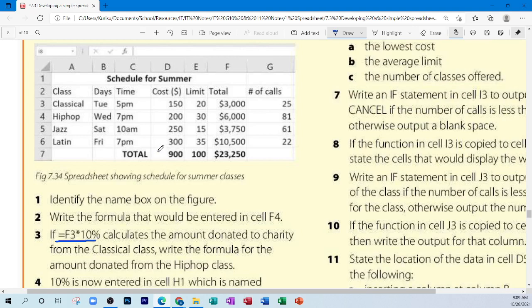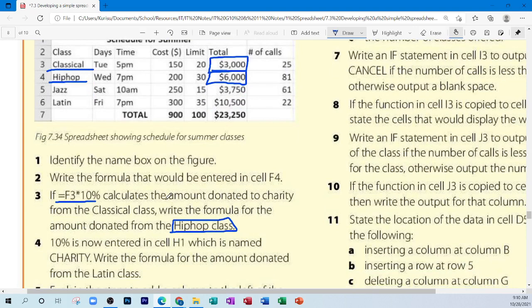F4 times 10%. Okay, let's look at it. So F3, that's classical. So that's going to be this 3,000 here. So that's going to calculate how much was donated. And since we want the hip hop class, all we need to do is go to that row and look for the cell that has the value 6,000. So that's going to be F4 there times 10%. Good.